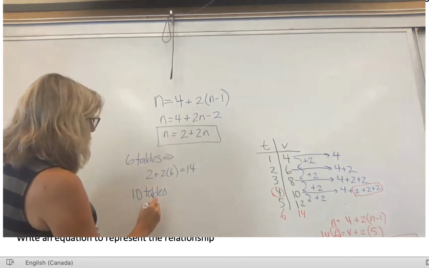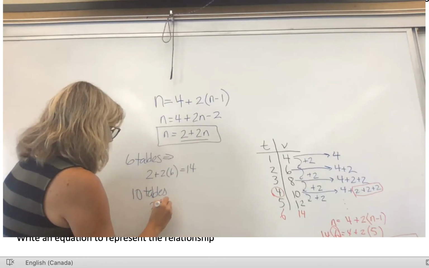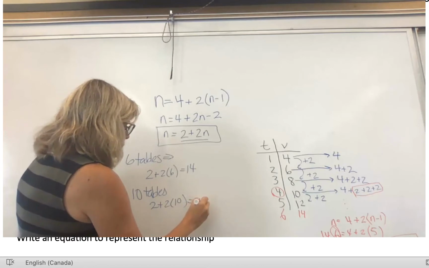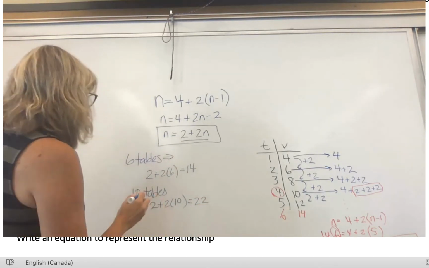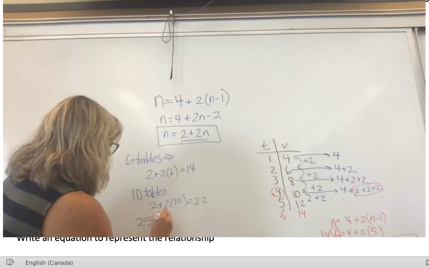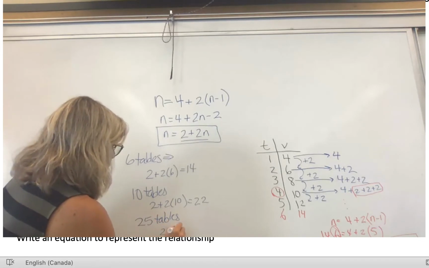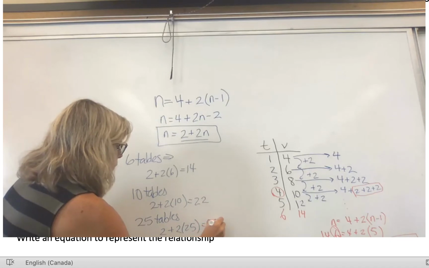Well, that would equal, put it in here, 2 plus 2 times 10, which equals 22. Okay, see the pattern? And then 25 tables equals 2 plus 2 times 25, which equals 52.